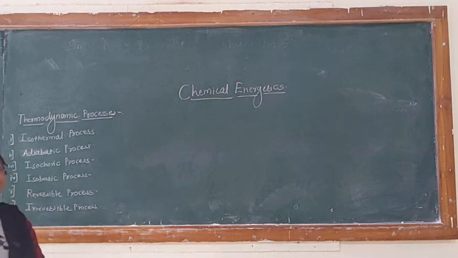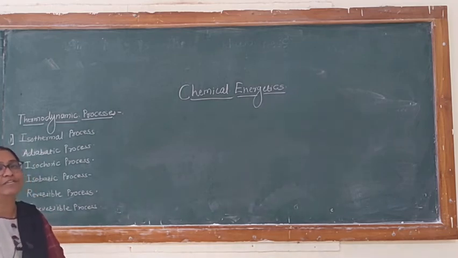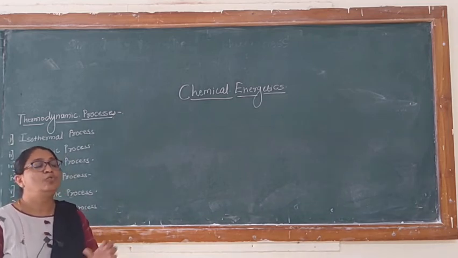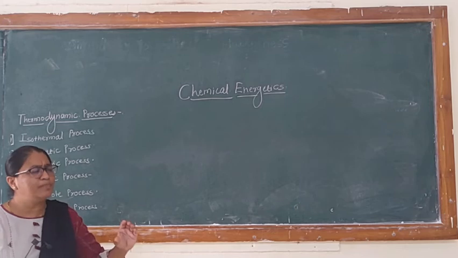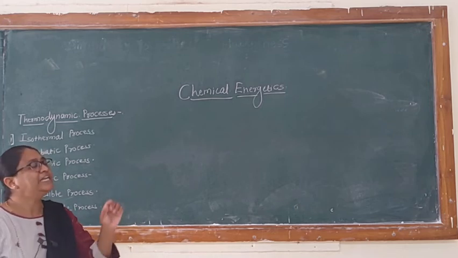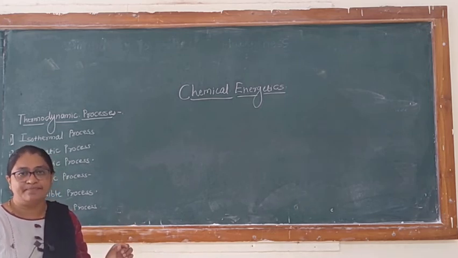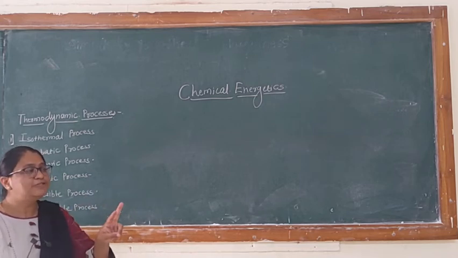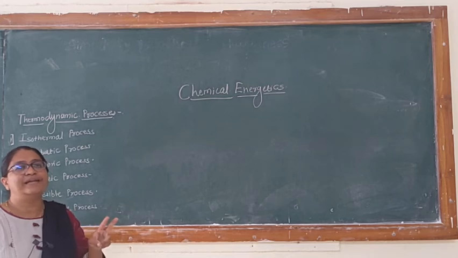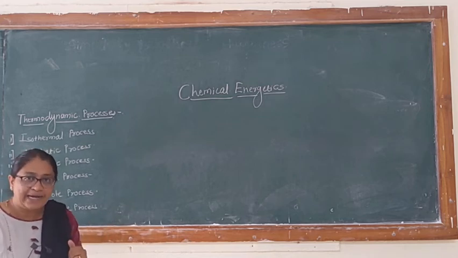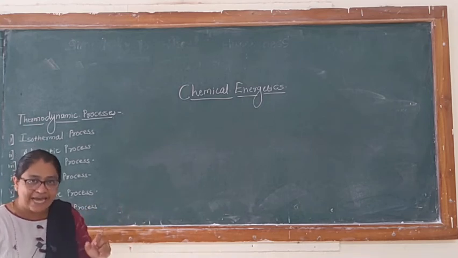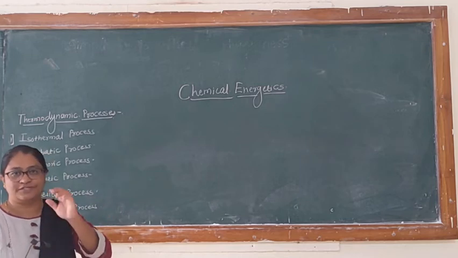The next, the reversible process. Now, what are reversible processes? Consider a process which is divided into many small steps, and in every single small step, the driving force and the opposing force are infinitesimally different, with the driving force infinitesimally greater than the opposing force.